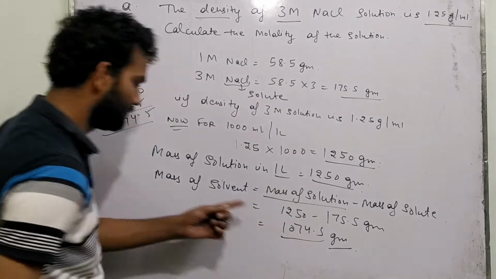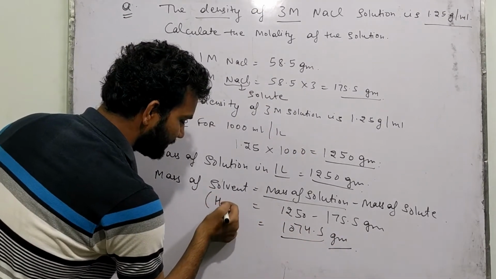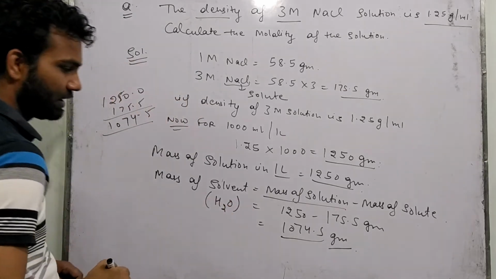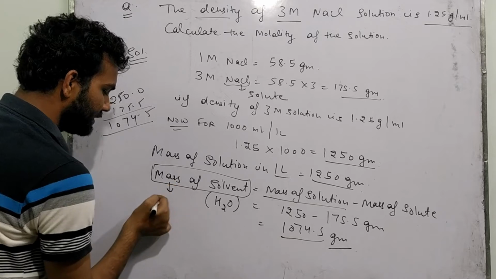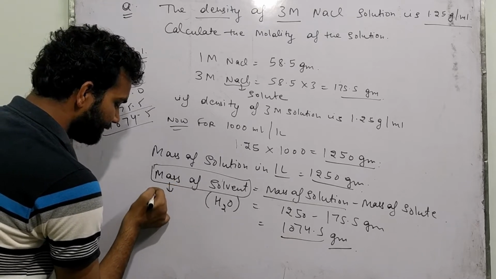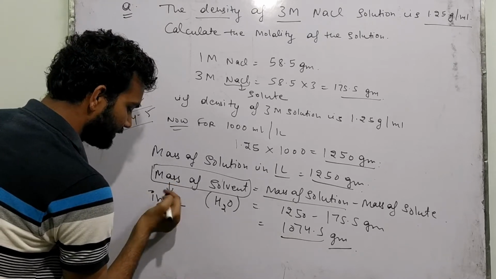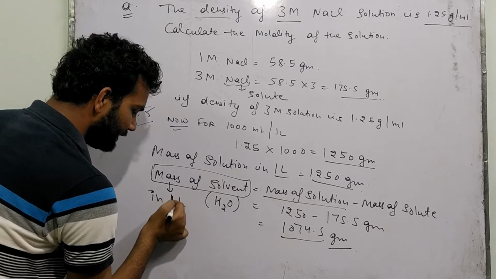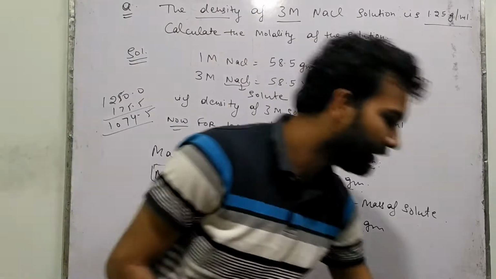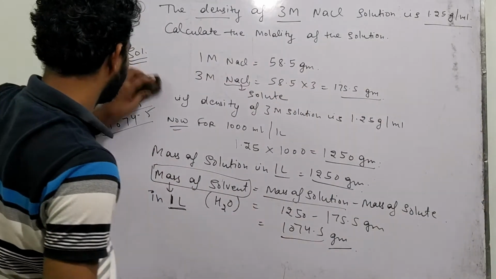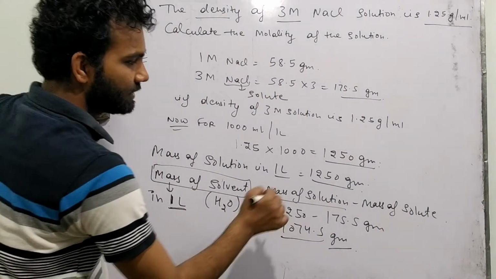That is your mass of solvent, and mass of solvent is nothing, it is your H2O. ठीक है? And this is mass of solute in how much? In 1 liter. In 1 liter. Clear?